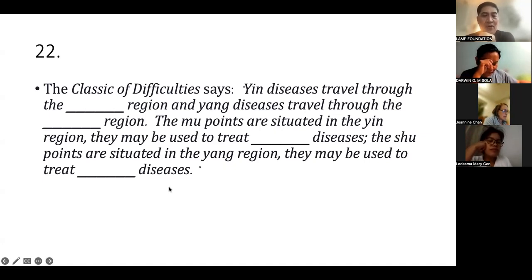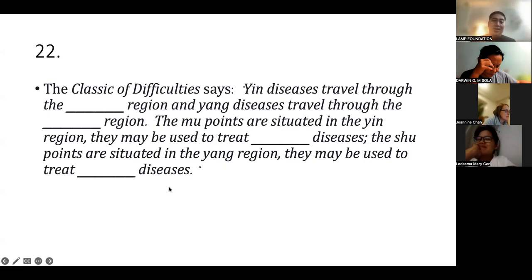The shu points are situated in the yang region. They may be used to treat yin diseases. Okay. Can you give us an example of a yin disease? Which is yin? When you say yin, is it acute or chronic? Chronic, Doc. Wow, great. If acute, these are the ones.